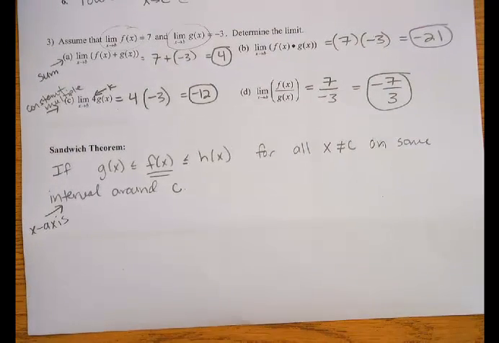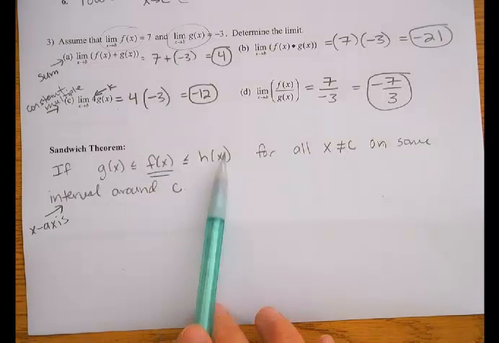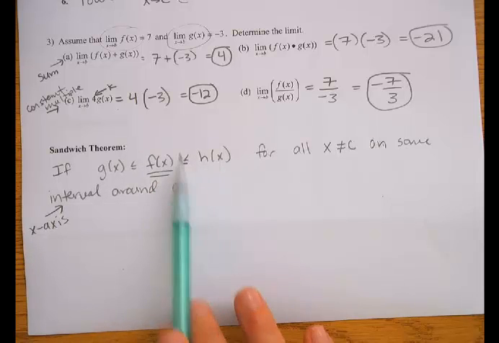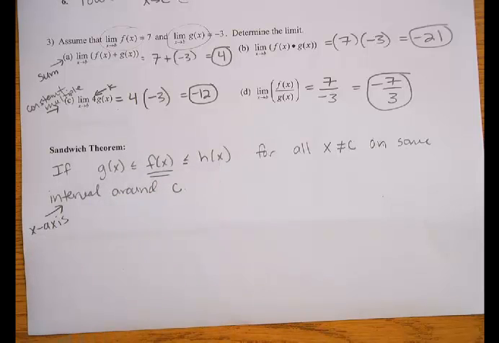Okay, so for all these x values around c, not equal to c, the y values of f are less than the y values of h and greater than the y values of g.